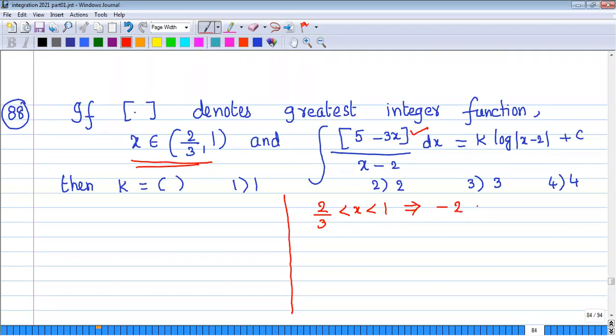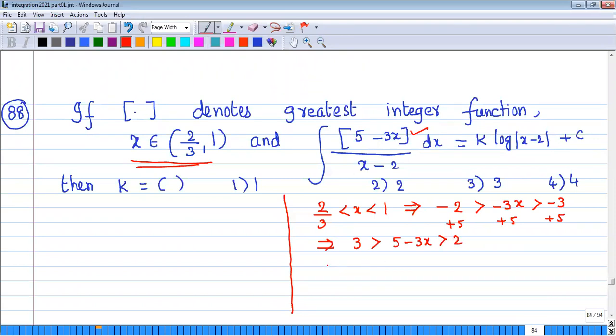This becomes negative 2 greater than negative 3x greater than negative 3. Add 5 to each term. Then we get 3 greater than 5 minus 3x greater than 2.